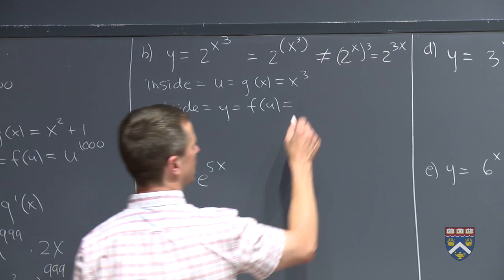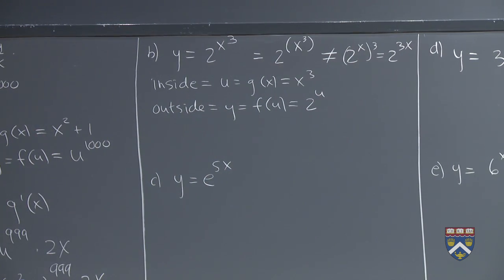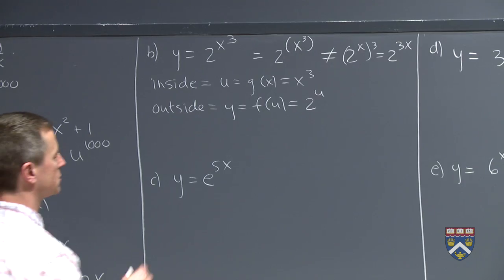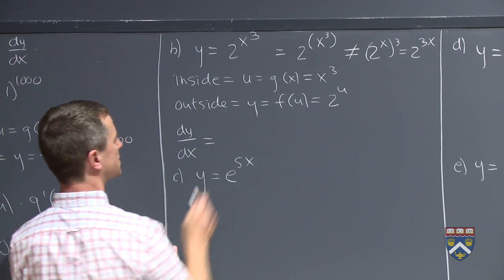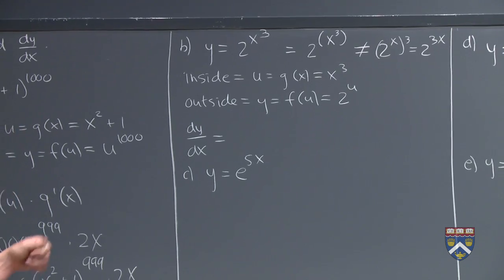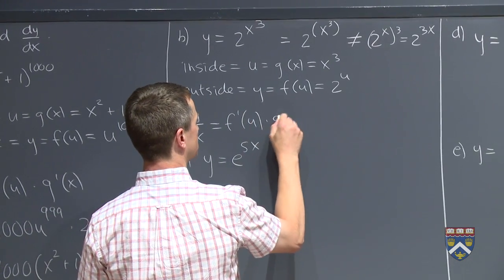That's 2 to the u. That's the last thing you would do to this, whatever input you were given. So what does the chain rule say? Chain rule says dy dx. We're supposed to start by taking the derivative of the outside, f prime of u, times g prime of x.